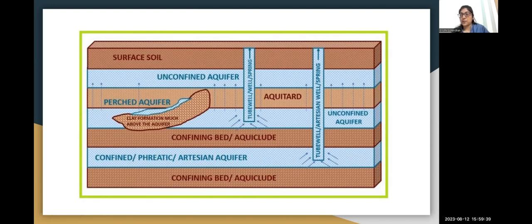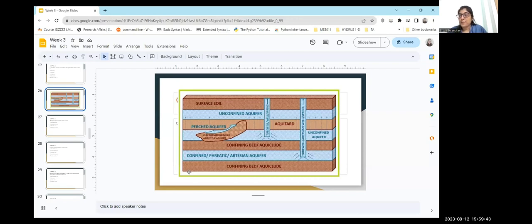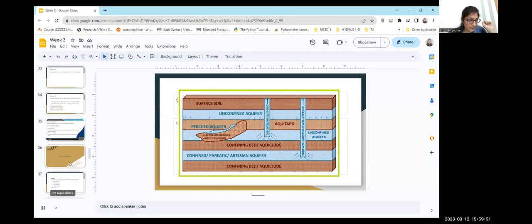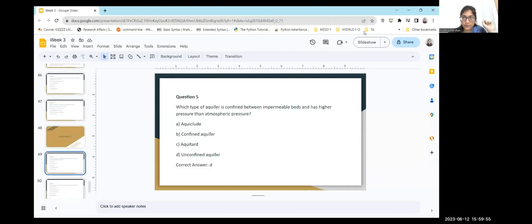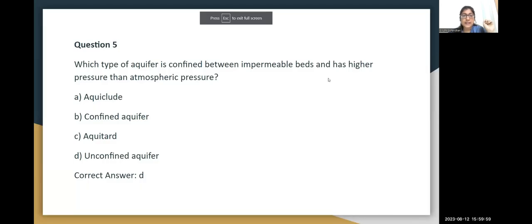It will not be atmospheric pressure. So confined aquifers always have pressure greater than atmospheric pressure, and in an unconfined aquifer the pressure of water is atmospheric pressure. It is based on this that the question has been formulated.